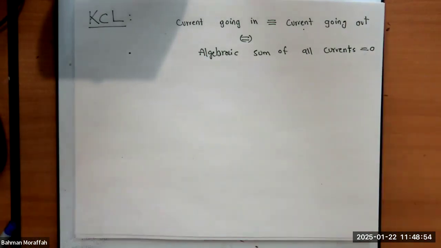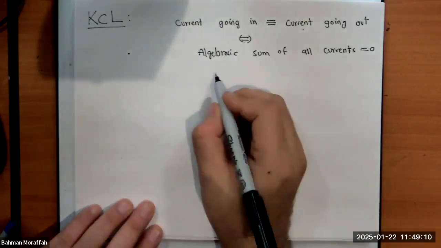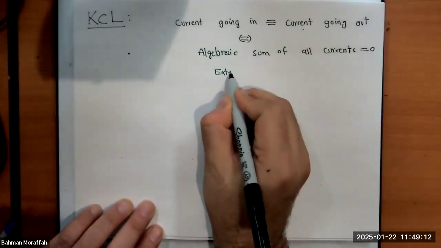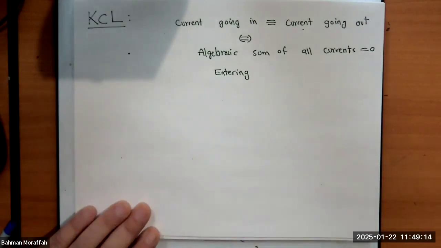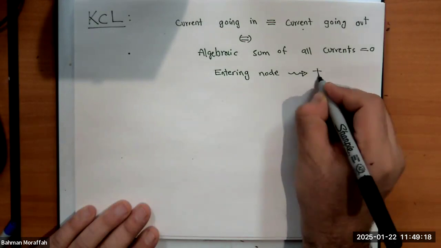should be 0. But as soon as we're talking about an algebraic sum, what we mean is that there should be some sign, right? So let's just have a convention. Let's just say if I have a node and the current is entering into the node, then let's consider that current to be positive.